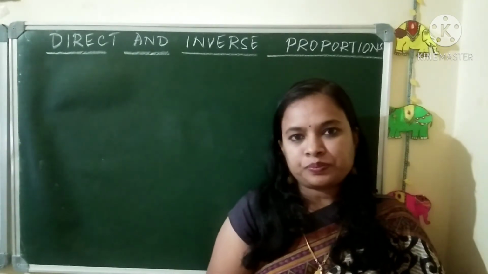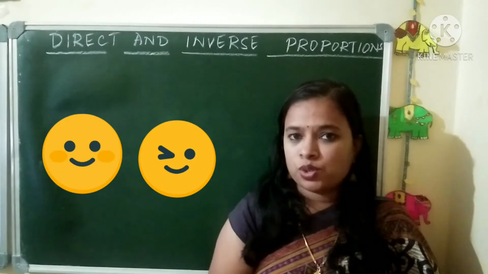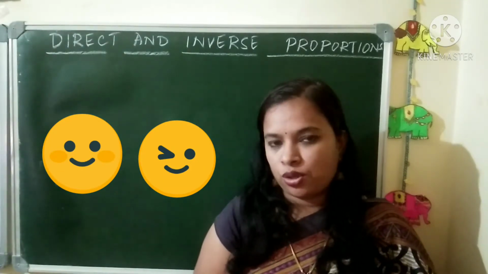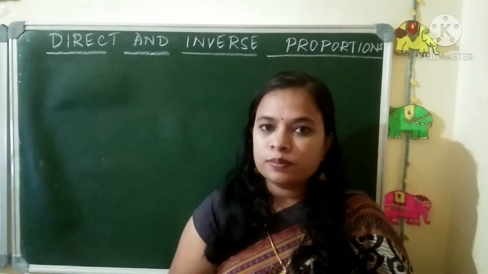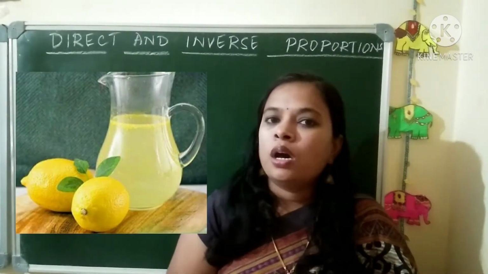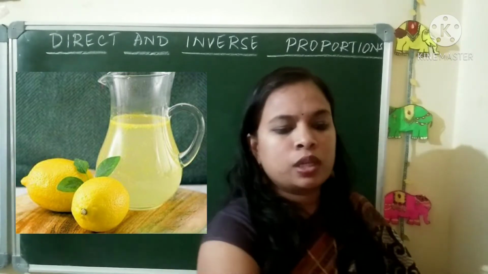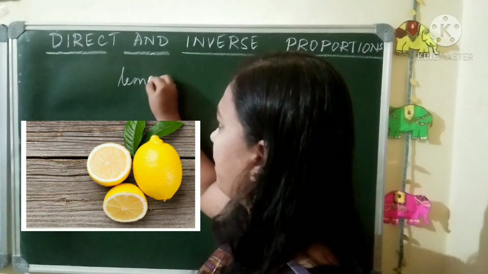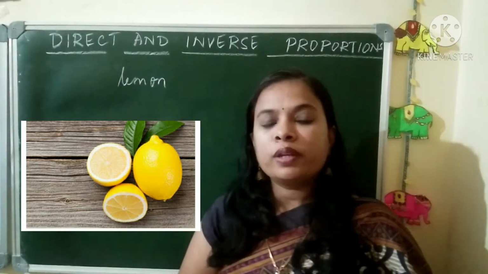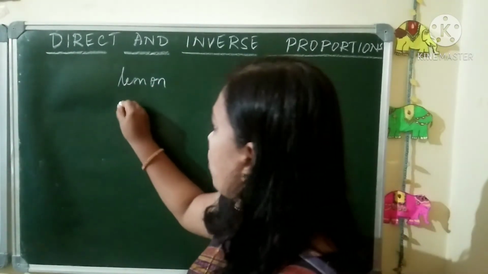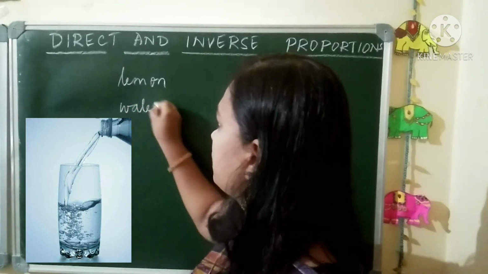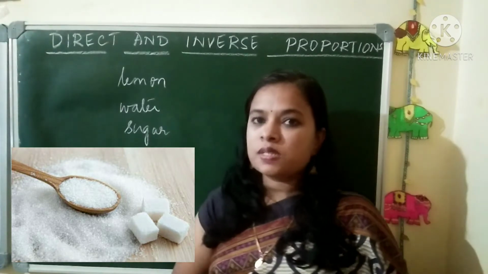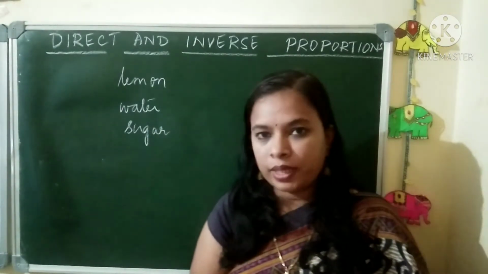Now, if only two people are coming to your home, it is just an assumption, and you want to welcome them by giving lemonade, what materials may you require? You may require one lemon, and then water, sugar. These are the main ingredients for preparing lemonade, right?